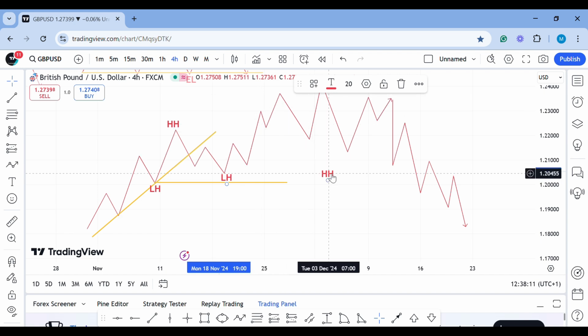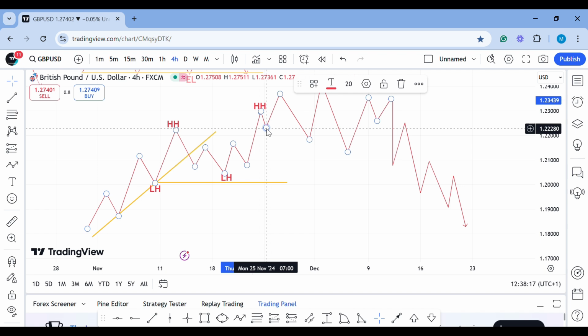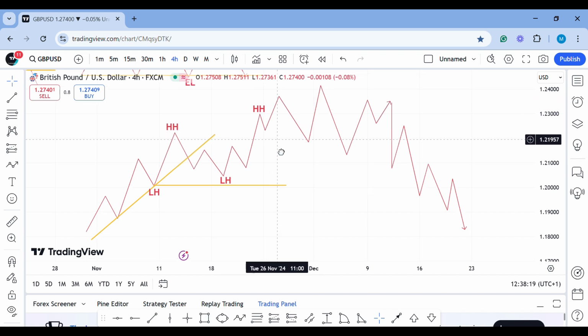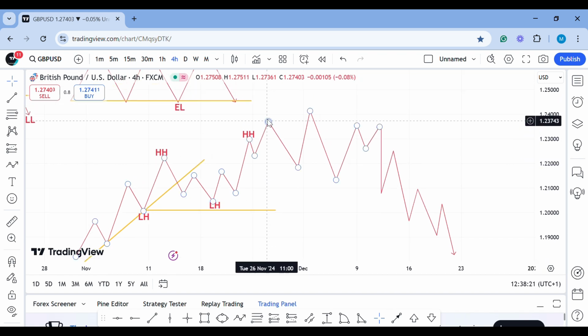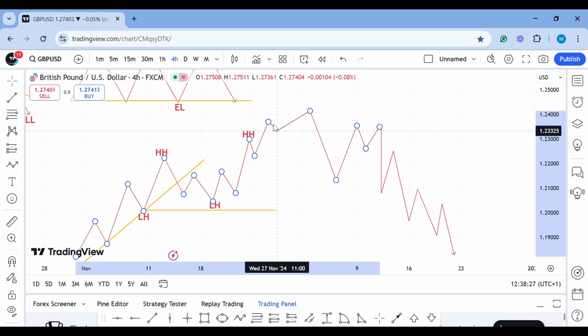That makes this high a valid high, and this high gave birth to this low, and this low gave birth to this higher high, and that makes this higher high valid.